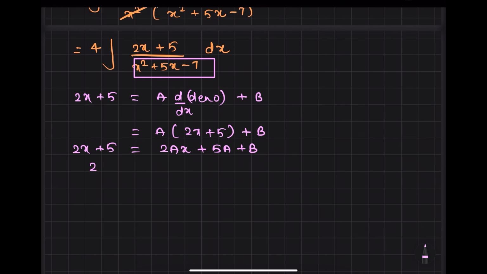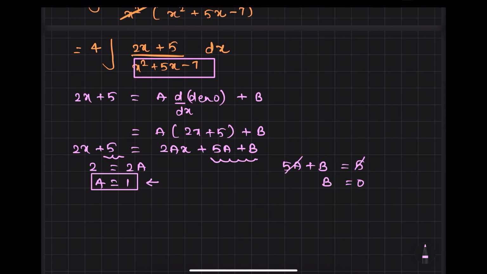So 2 compared with 2a, so the value of a is 1. Now compare the constant. So we got 5a plus b equals 5. You know that the value of a is 1, so the 5 cancels, and the value of b is 0.